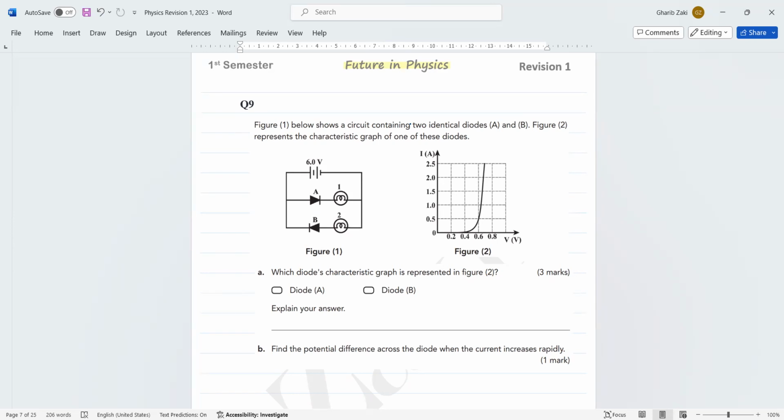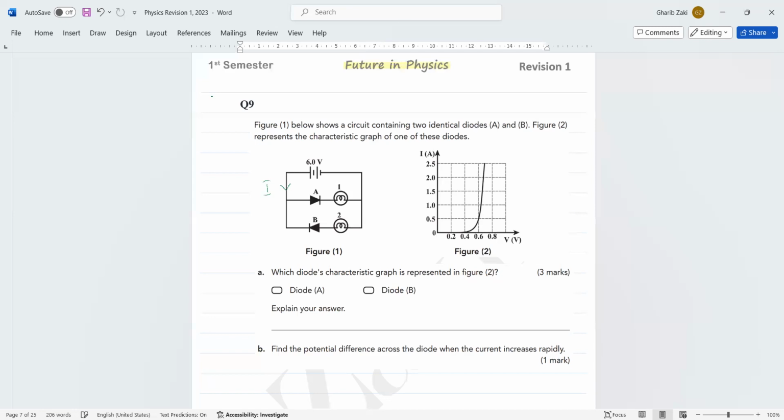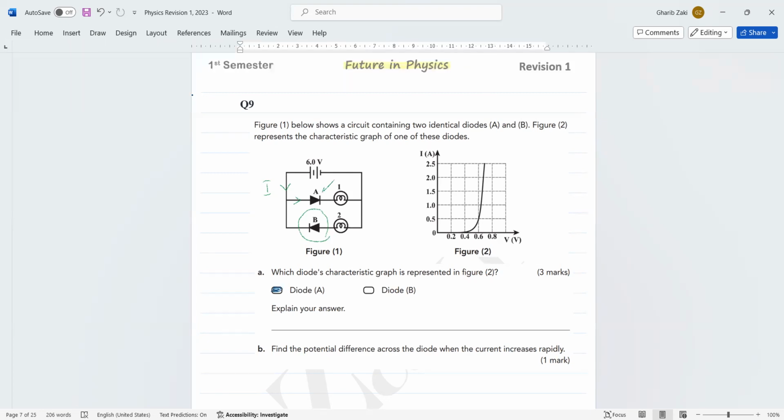It is forward. Which one is forward? Here, it's diode A, because this is the positive current, and this is the direction of the current. So this is forward, but this is reverse. So diode A is the correct answer.